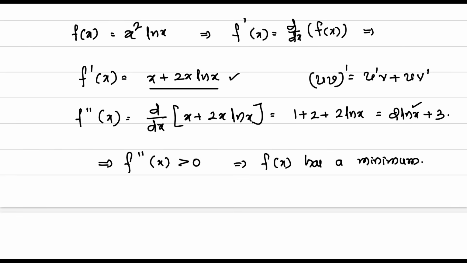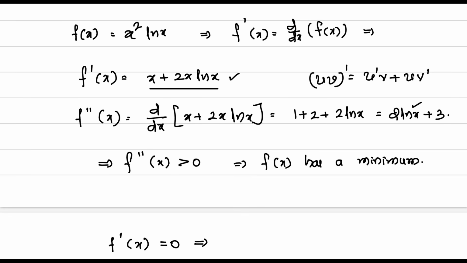Do you agree? Function x has a minimum. When function x has a minimum, then when will it be? When function dash x is equal to 0.